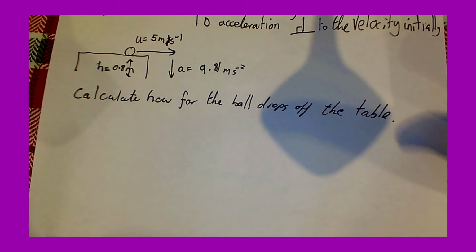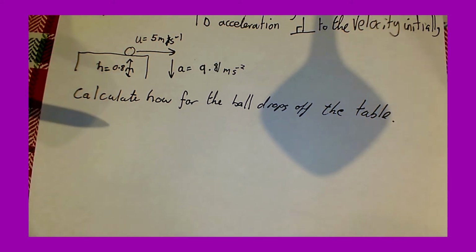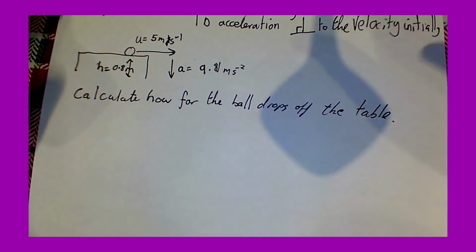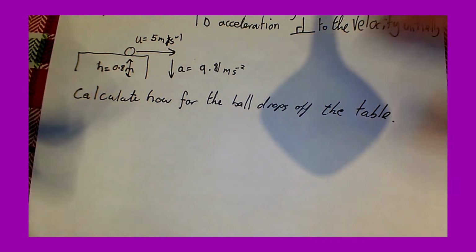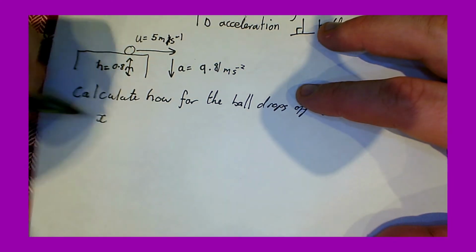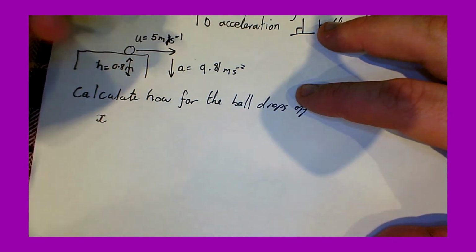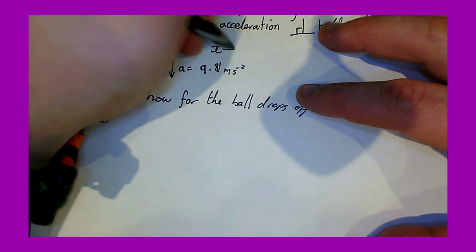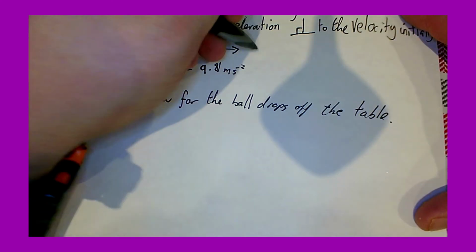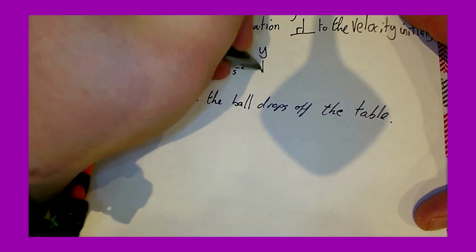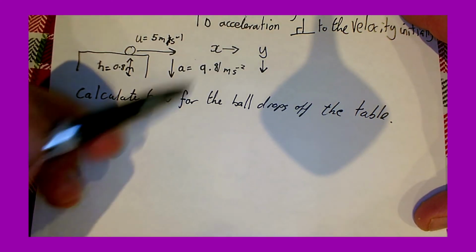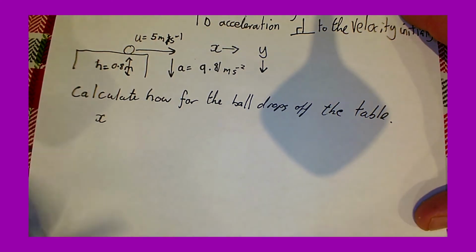Now, with all Suvat, with all projectile motion, vertical and horizontal don't affect each other. So we can list them as one. So we can put our x direction. If we define x as going that way and y as going that way, by making y going down just means we avoid negative numbers.